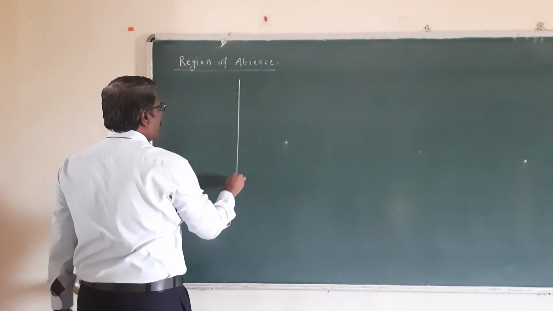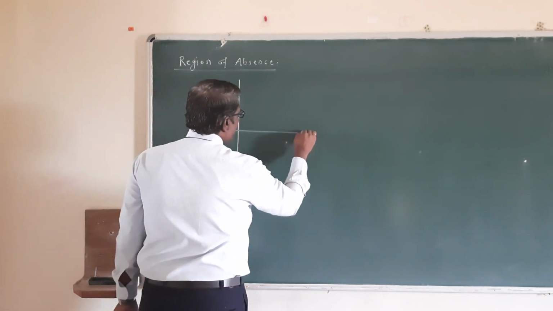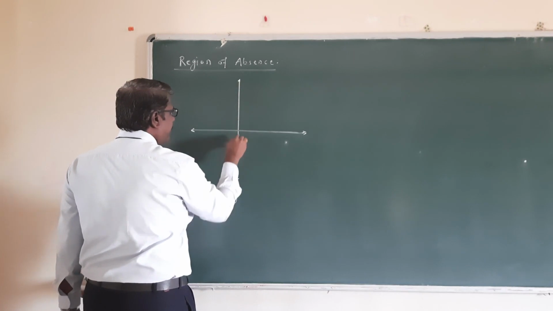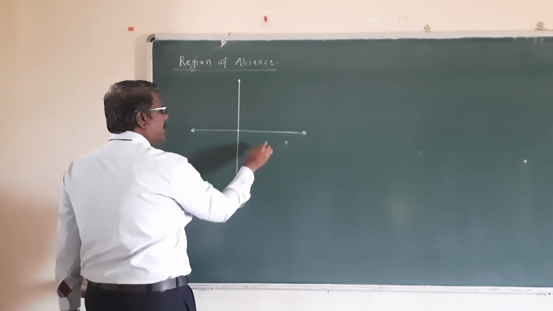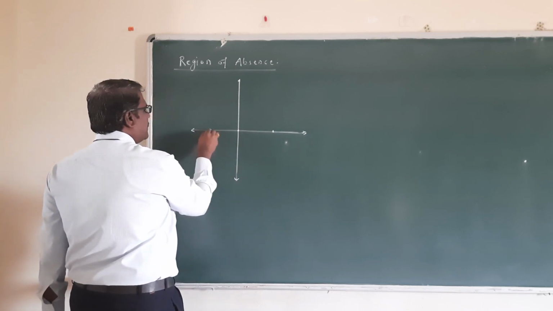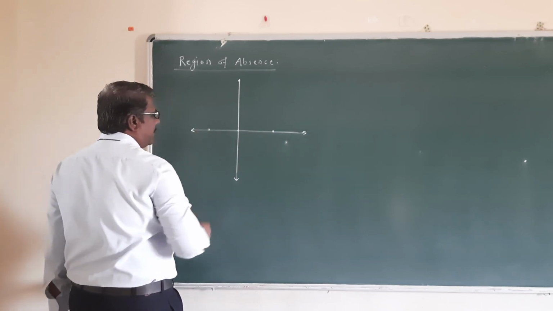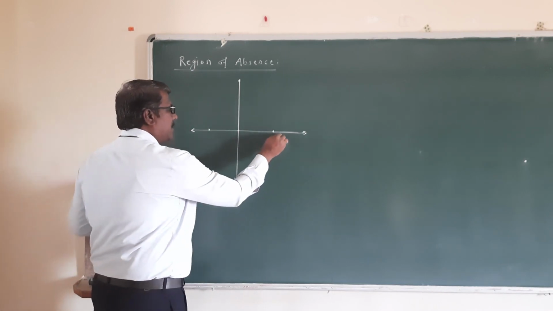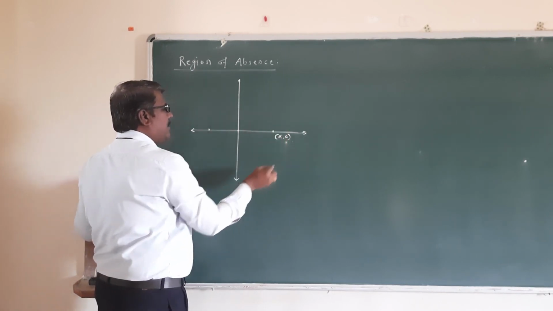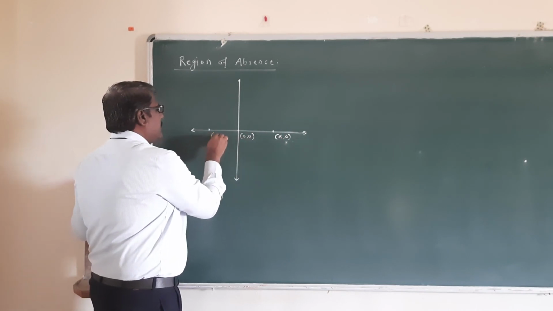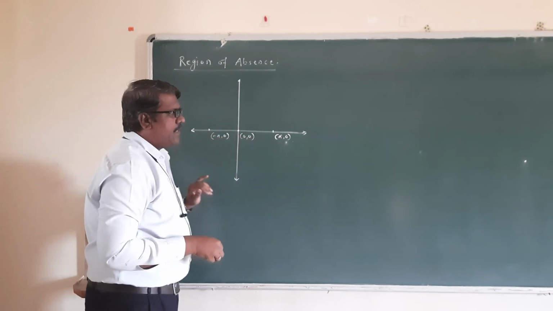I will draw coordinate system. So the points of intersections are origin, one point; A0, second point; minus A0, third point. So first plot the points of intersection. So here I will write it as A0, this is 0, 0 and this is minus A comma 0.